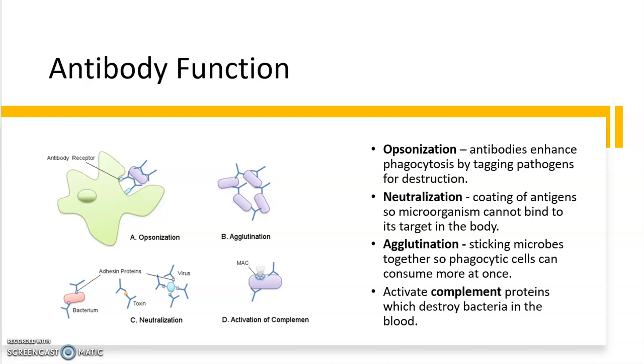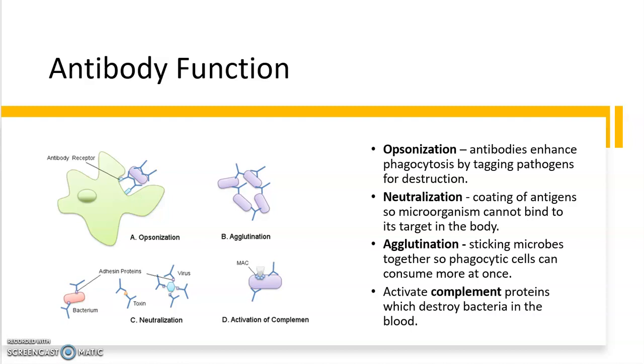One being opsonization. Opsonization is just enhanced phagocytosis. So if we have a pathogen in our body and it has a bunch of antibodies bound to antigens on its surface, it is going to call for phagocytic cells to arrive on site much faster to phagocytose and eliminate that pathogen.